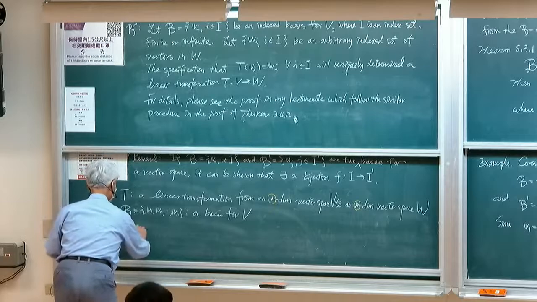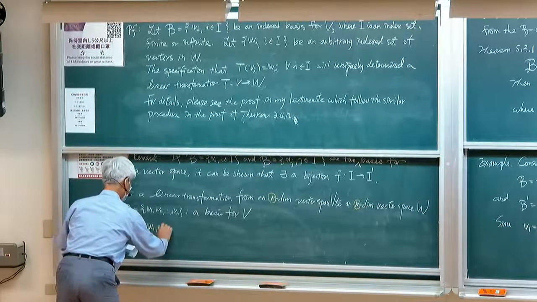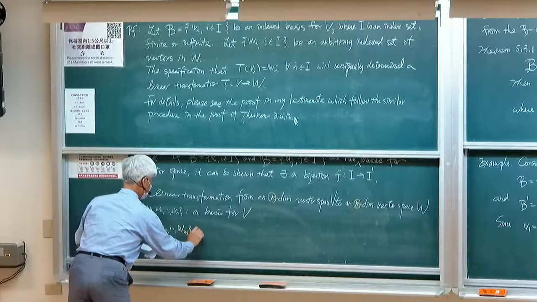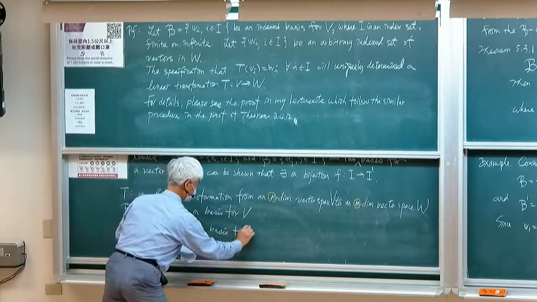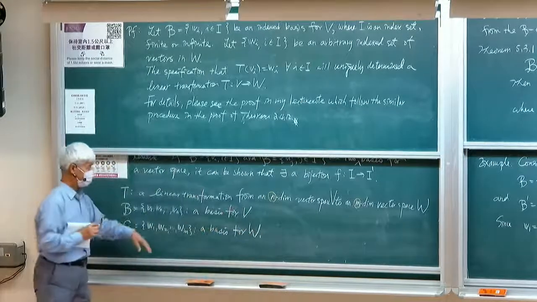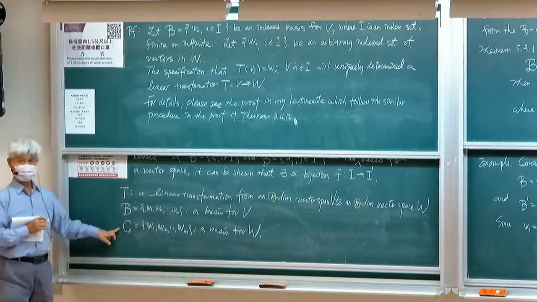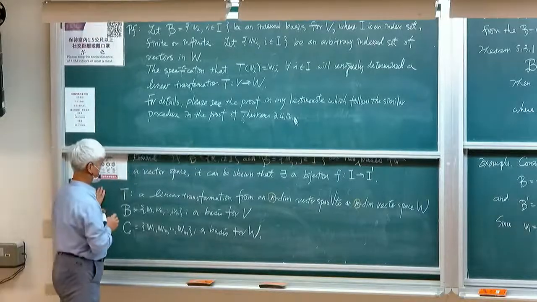Let C, W1, W2, up to Wm, be a basis for W. Once again, because the dimension of W is m, the size of this basis C is m, as required.